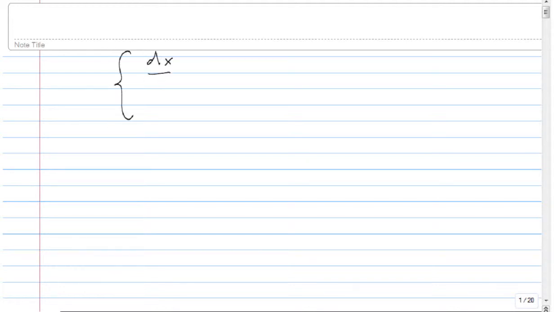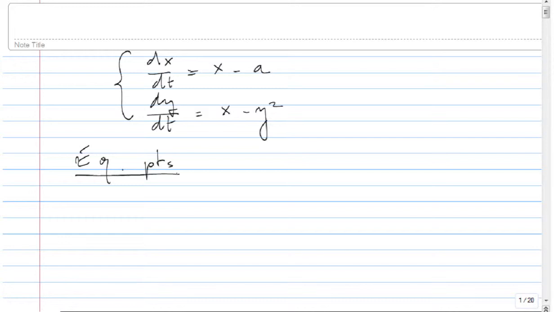dx/dt equals x minus a, dy/dt equals x minus y squared. So first let us discuss the equilibrium points of the system.